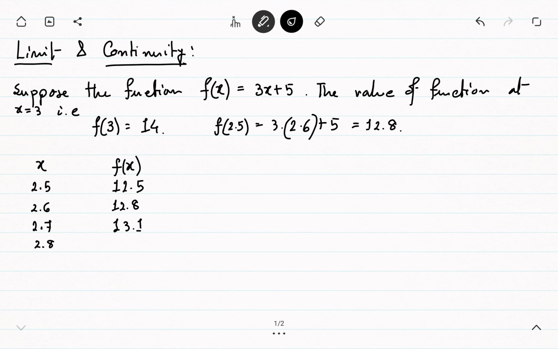And 2.8 will be 13.4, yes. And if I take 2.99, it will be 13.97, and again 2.999, it will be 13.997.